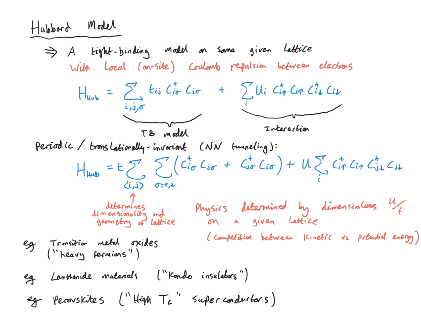Typically, in these perovskites at least, they have these copper oxide planes, which are basically perfect 2D square lattices, and they're described well by the Hubbard model on a 2D square lattice, a single band Hubbard model on the 2D square lattice. And it is believed that even this simple model captures the essence of high-temperature superconductivity. There's been a vast amount of work on this, and I would say the matter is still not settled.